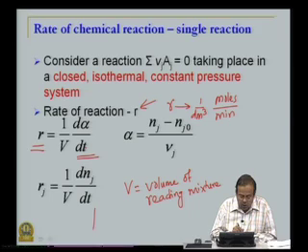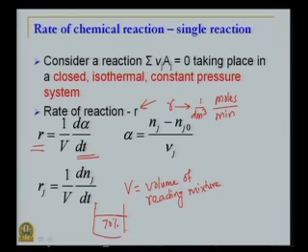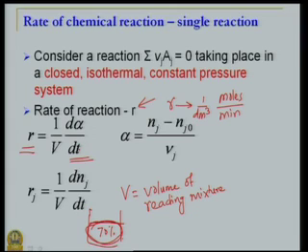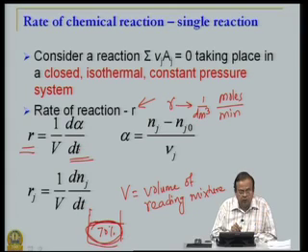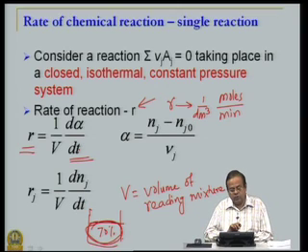For example, if you have a reactor and there is a liquid phase reaction and it is only 70% filled, then the volume we are talking about is the volume of the reacting mixture and not the volume of the entire reactor. These two are different things.